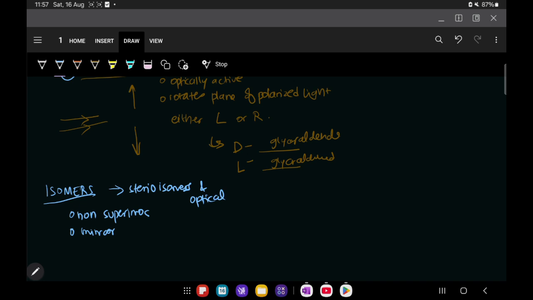Now, how is this relevant? We talked about how stereo means space. So when we're saying D and L configuration, that essentially just means that if this is D and this is L, it's just going to have an inversion. It's like mirror images of each other. That's what we mean here. That's why they are also known as optical isomers, because they'll also be rotating the plane of polarized light opposite to each other. So there's that.